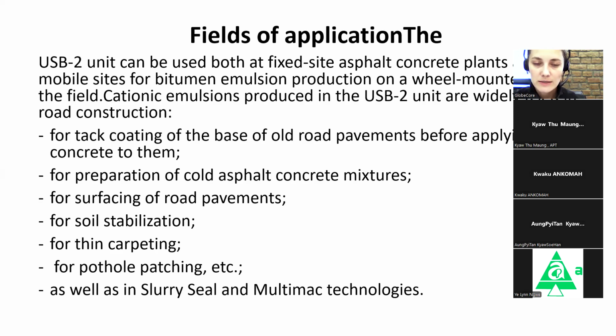On our website and in our technical documentation and catalogs, you may notice that bitumen emulsion units are called USB2 units. We used to have another abbreviation for the machines, but now for customs clearance purposes, we use USB2 for bitumen emulsion units and USB3 for modified bitumen units.